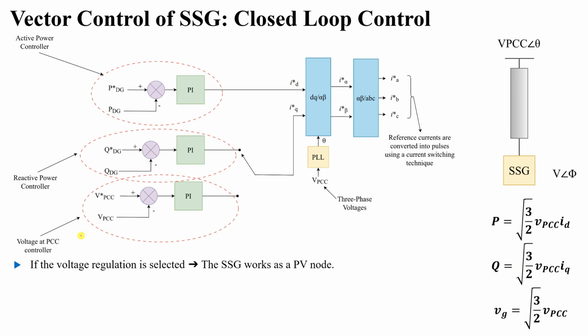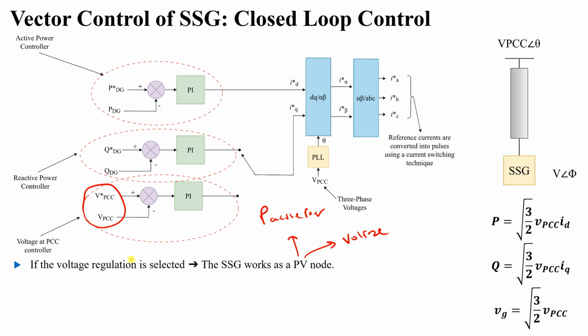Another point here is that if you select the voltage regulation, which is VBCC, it means that the static synchronous generator works as a PV node. PV node, not meaning photovoltaic, but PV means that you can control P, which is active power, and V, which is the voltage or terminal voltage of the connection at the grid.